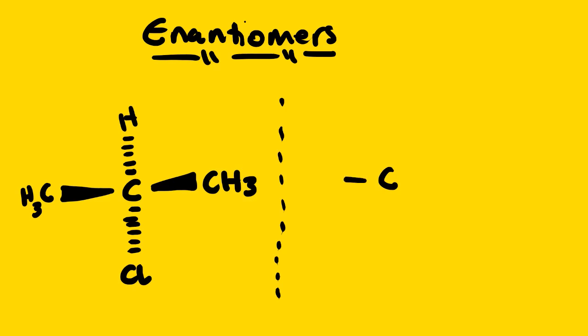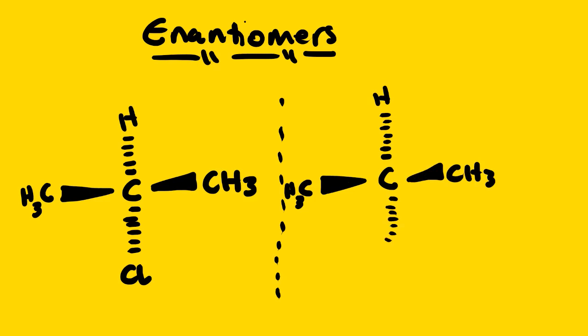We know that what we'll see, we are going to have a methyl here, CH3, and then we are going to have hydrogen here. We have CH3, and we have chlorine here. This is the mirror image.